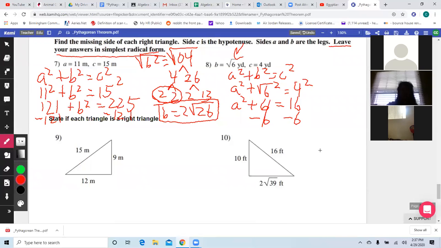Subtract 6 from both sides, and I get a squared is equal to 10. Then I just square root both sides. And if I try to do the factor tree for 10, I only get 2 and 5. Nothing circles, so it's already simplified. A is equal to radical 10.